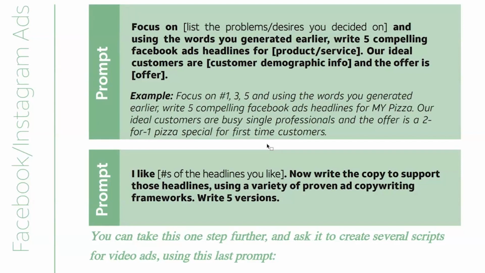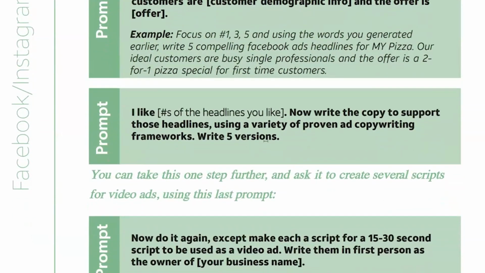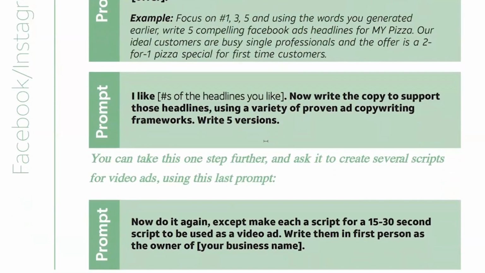Offer the ideal customer, and you put that in there, and the offer is whatever your offer is. For instance, if it's a 2-for-1 special, that might be one approach to it. Another one is, you know what the number headline is. It might have been number 3, for instance.